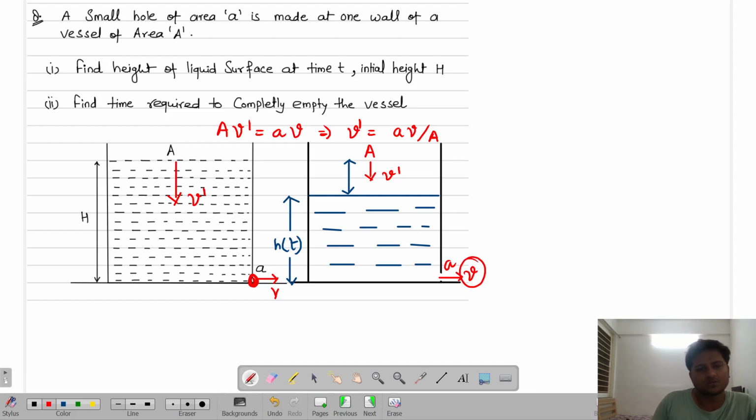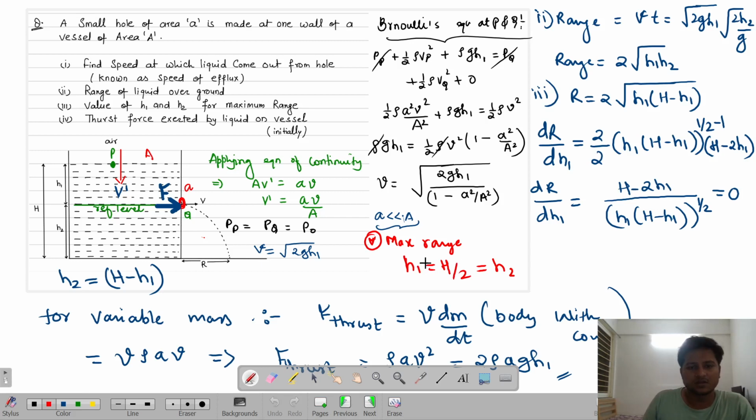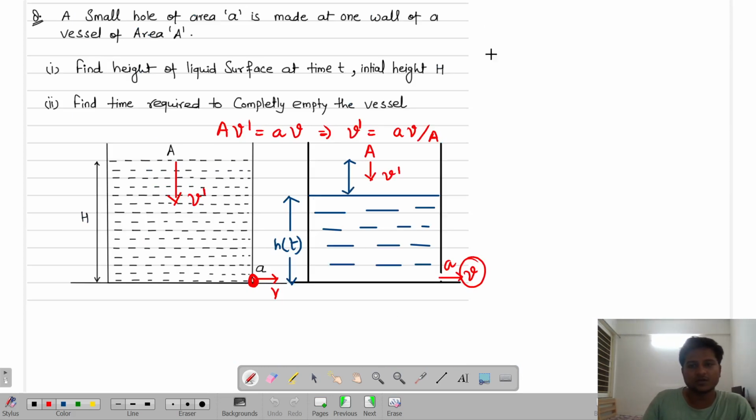You only tell me. If height h is there, then when the liquid comes out, the velocity will be nothing but root under 2gh. So the velocity of efflux: in the initial case, if this is my surface over here, H1 is the level, so the velocity of efflux was root under 2gh1, the height of the liquid above it.